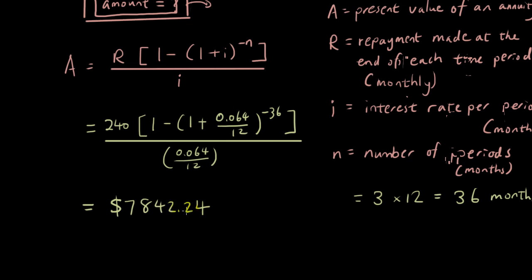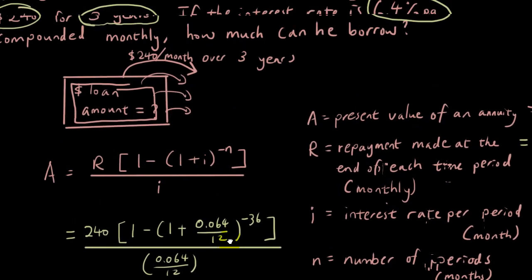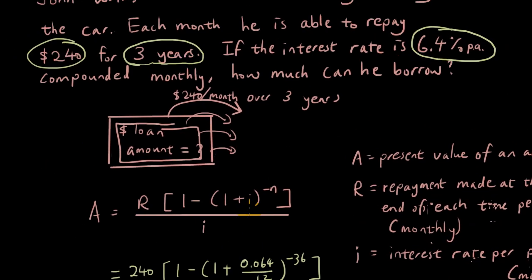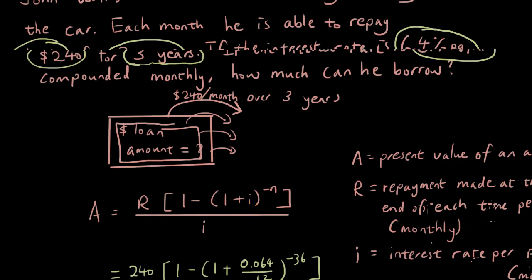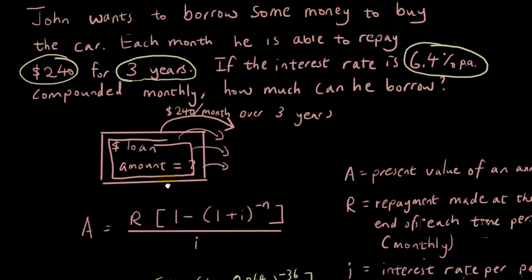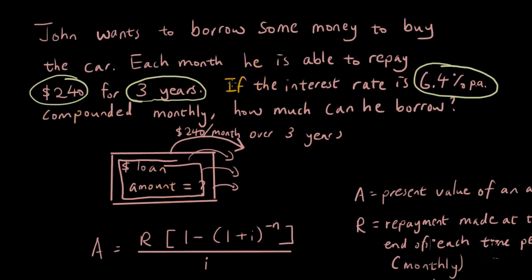Now, one last thing before I let you guys go is that what we have just done, we have made an assumption, and that is we are making the repayment at the end of each month. So I should say that in the question, at the end of each month.